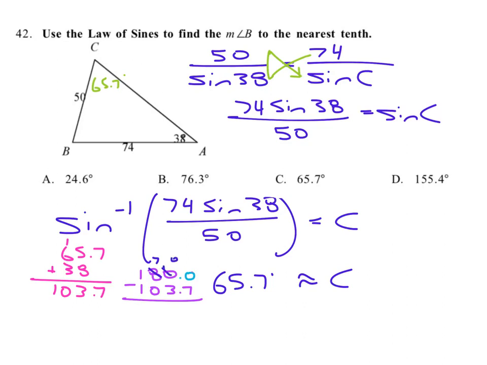Now it has 10 there, and you can borrow 1 to give it 9, and that's a 10. So 10 minus 7, 3. 7 minus 3, 6. And 7 minus 0 is 7. And then 1 minus 1 is nothing. So we've got 76.3. That is B.